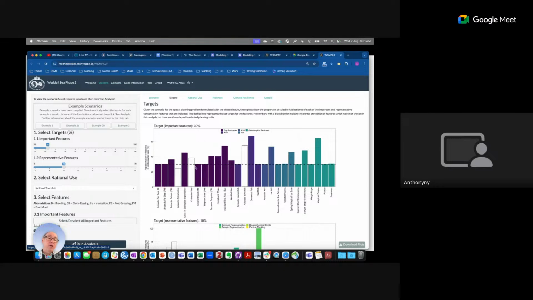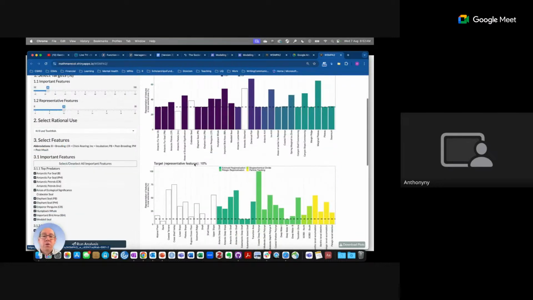The algorithm is meeting its objectives perfectly for the included features. It doesn't meet them for other things that aren't included in the analysis, like the Antarctic petrel. But even things that weren't included in the prioritization can still be protected because they overlap with other species, and they're found in areas that we're suggesting to protect.